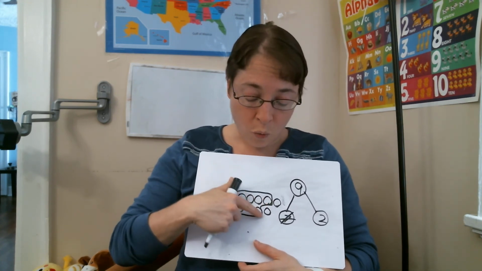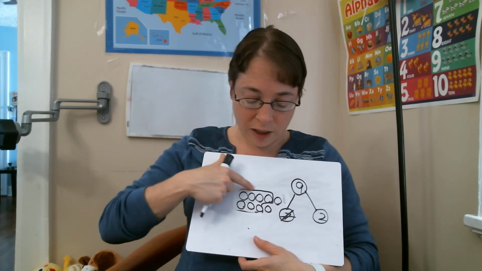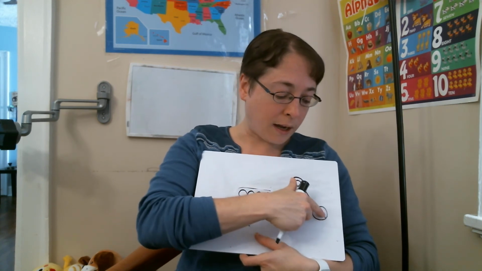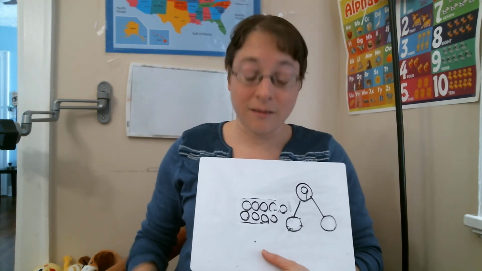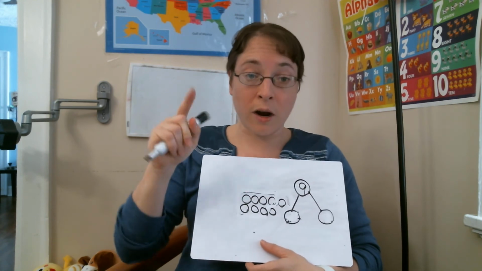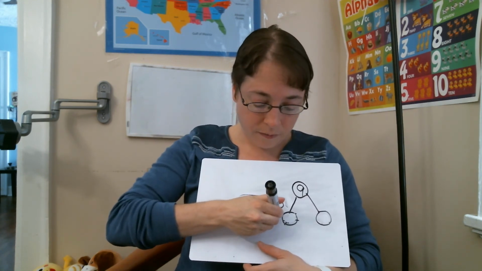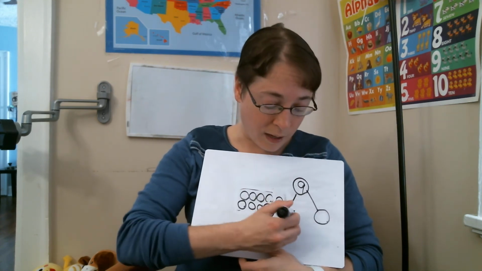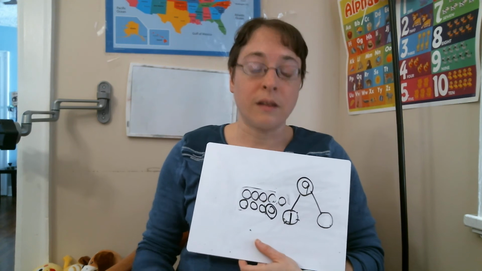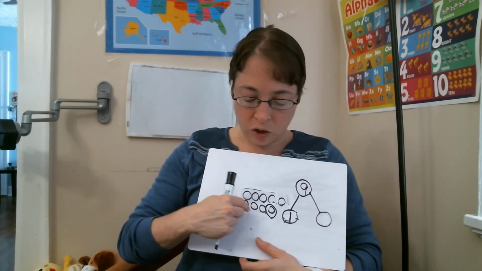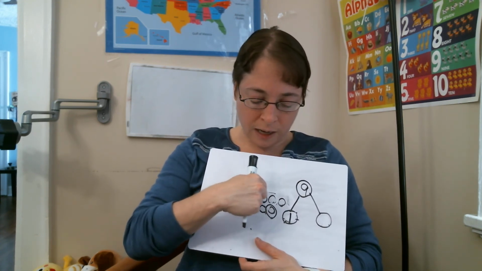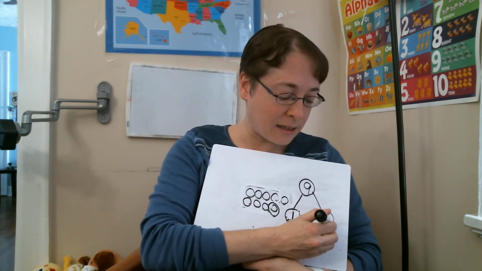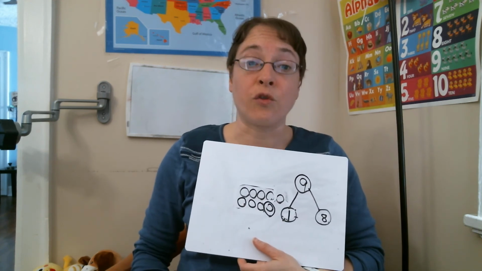Okay, now what happens if we change it so that she has 1 that is green? She only has 1 that is green. How many are not green? So we have 1. Let's count. 1, 2, 3, 4, 5, 6, 7, 8. She has 8 that are not green.